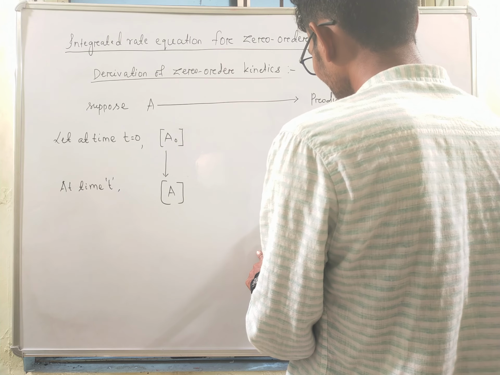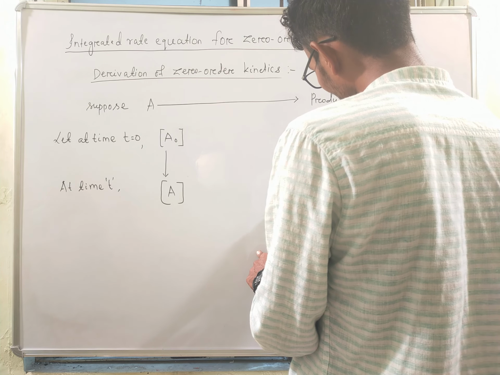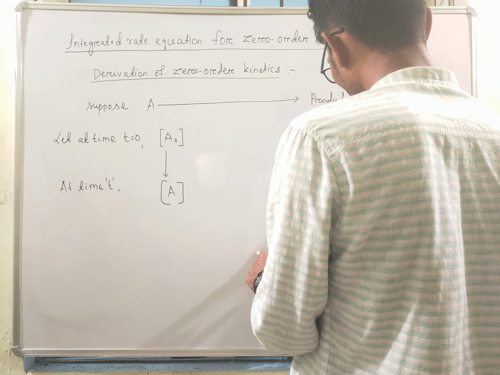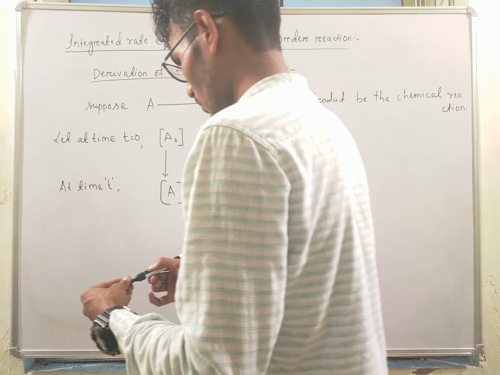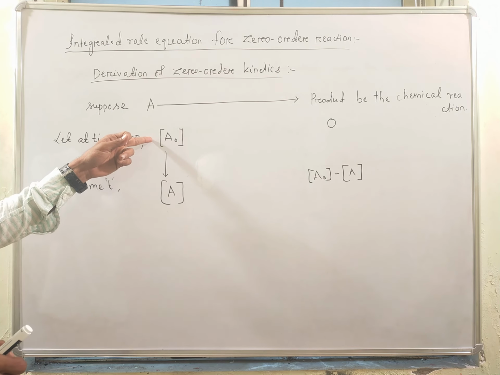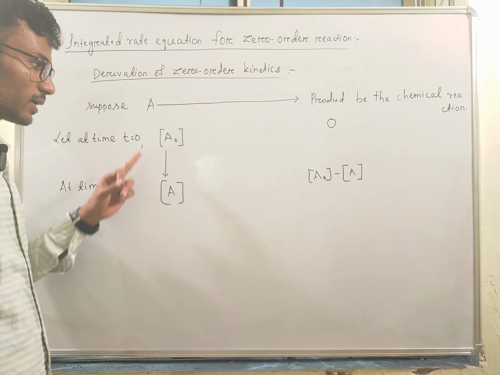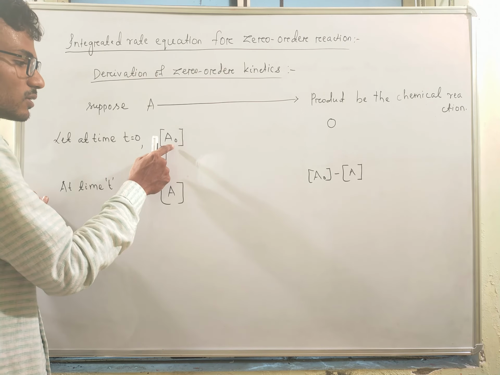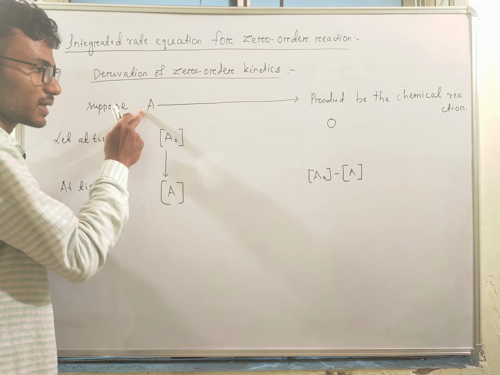Here at time t, the concentration of product equals A naught minus A. Here A naught is the initial concentration of reactant, A is the final concentration of reactant.